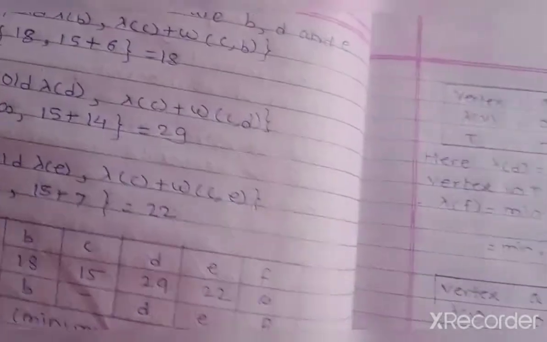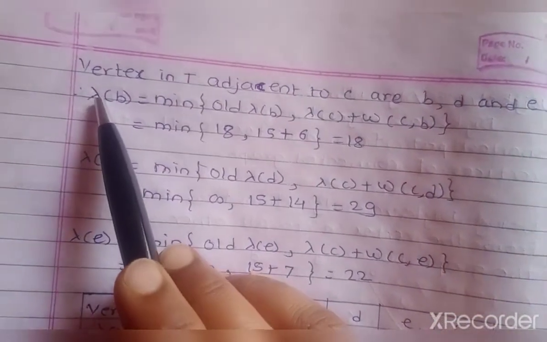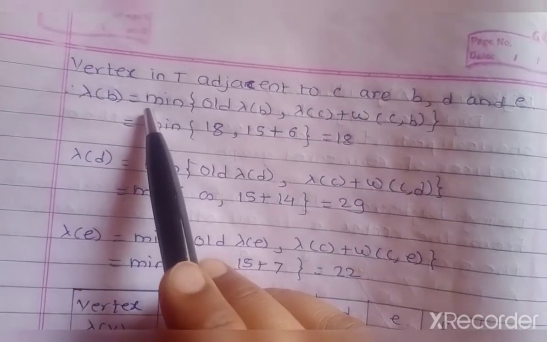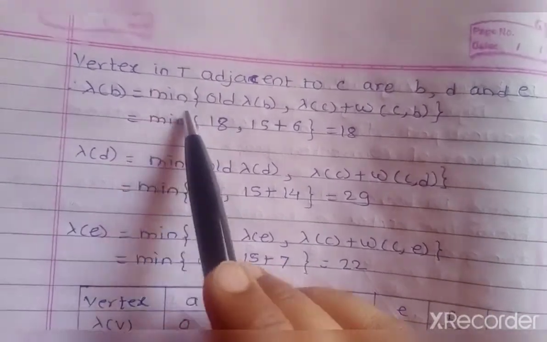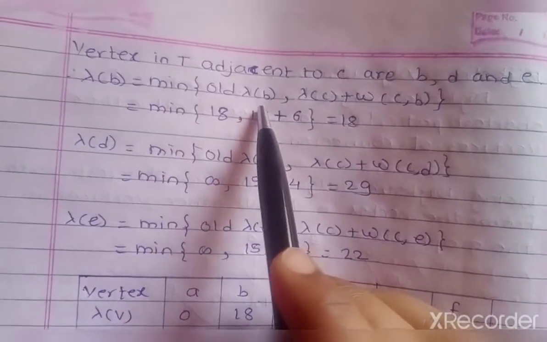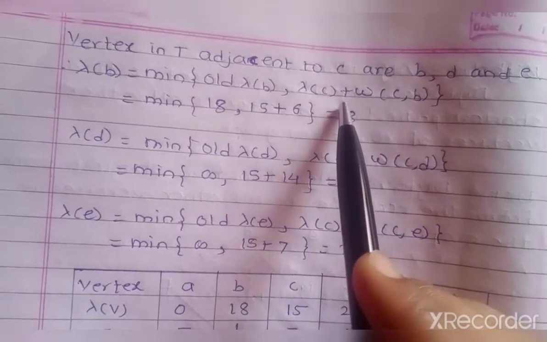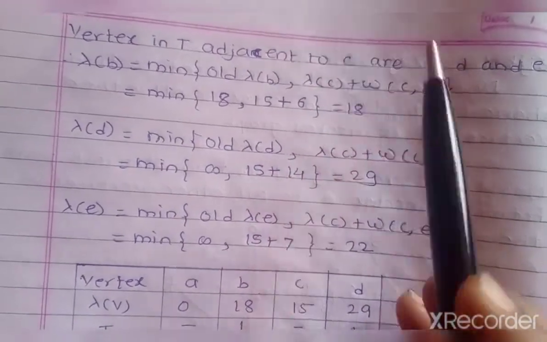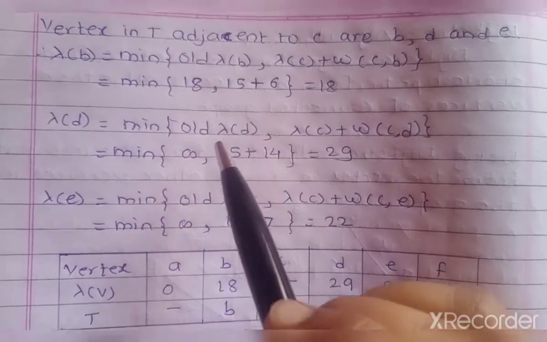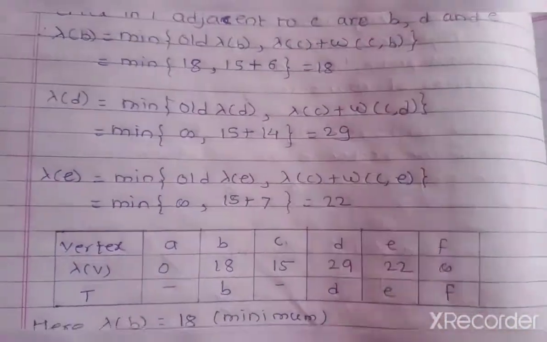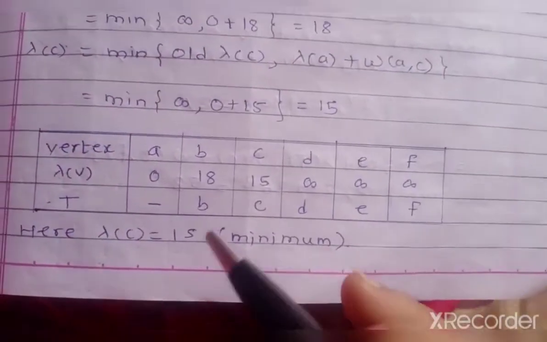So for that reason we have to put here lambda of B, which is equal to minimum of old lambda of B, comma, here we check the adjacent of C, so lambda of C plus weight of C to B. Lambda of B's previous value is 18.